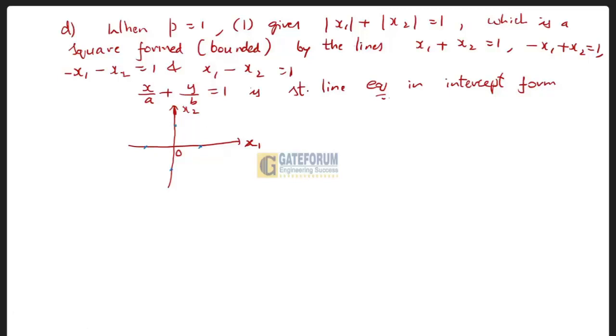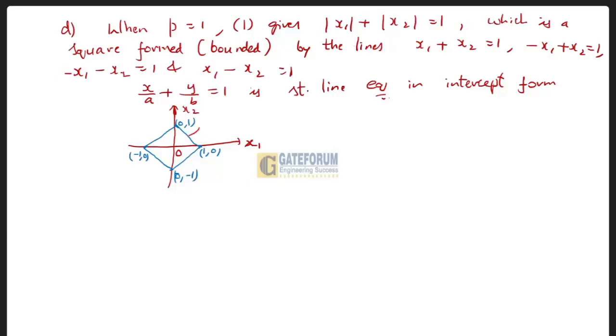Joining these boundaries, this point is (1, 0), this point is (0, 1), this point is (minus 1, 0), and this point is (0, minus 1). Okay.